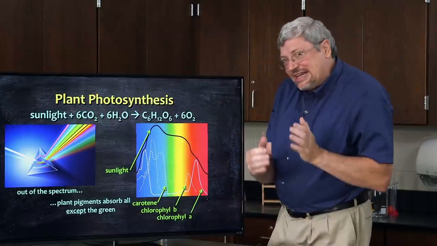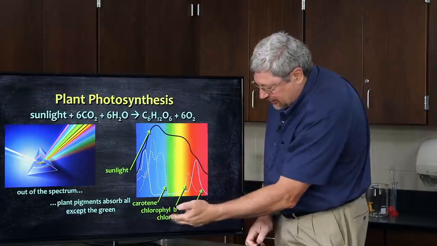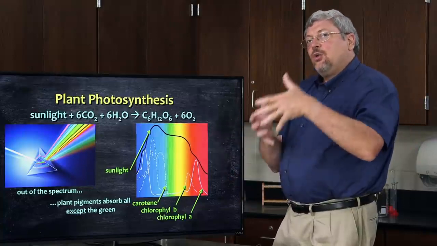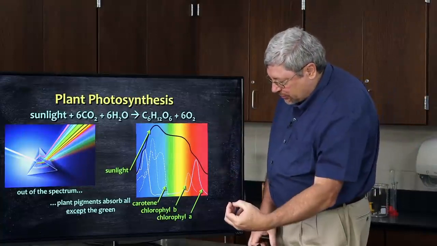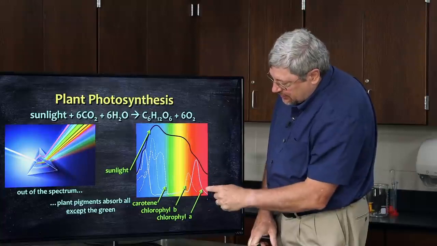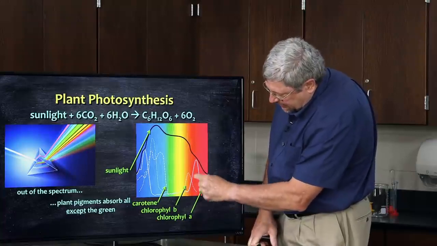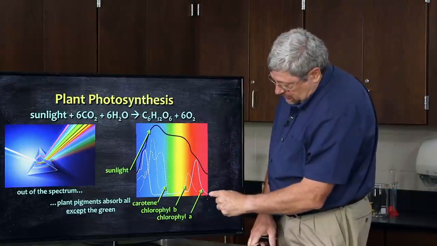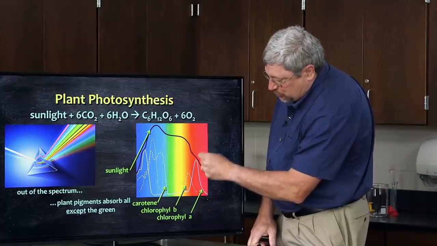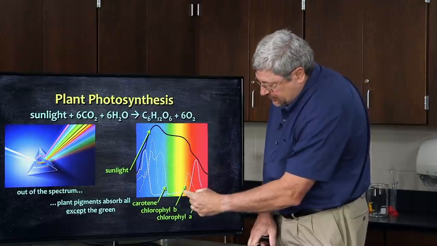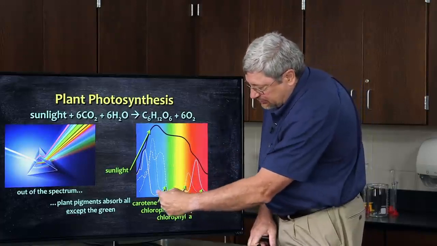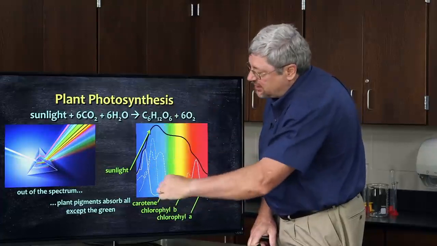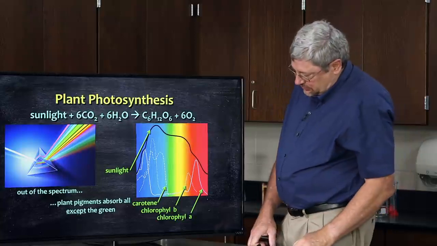If you take one of the individual pigments, like chlorophyll A, and look at what happens when light shines on it, what colors reflect, what colors are absorbed. Here you have a diagram that indicates for chlorophyll A, this white line indicates what colors it absorbs. Chlorophyll A absorbs lots of red, doesn't absorb anything really in the yellows and the greens and the blues, but towards the blue-violet, it absorbs most of those colors.